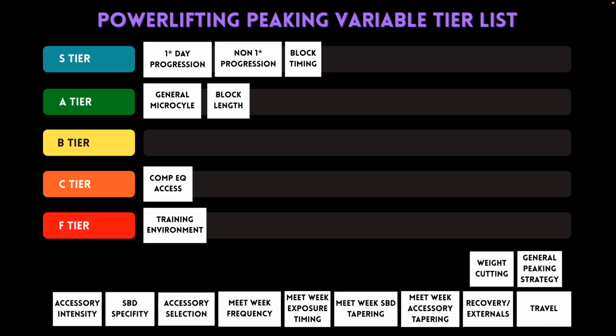The weight cutting stuff is so short term that I don't think it has too big of an impact on peaking. Unless you start to talk about rehydration, which I didn't think about until right now. If you mess up rehydration, that doesn't necessarily affect the peak itself, but it affects your ability to perform the peak, if that makes sense.